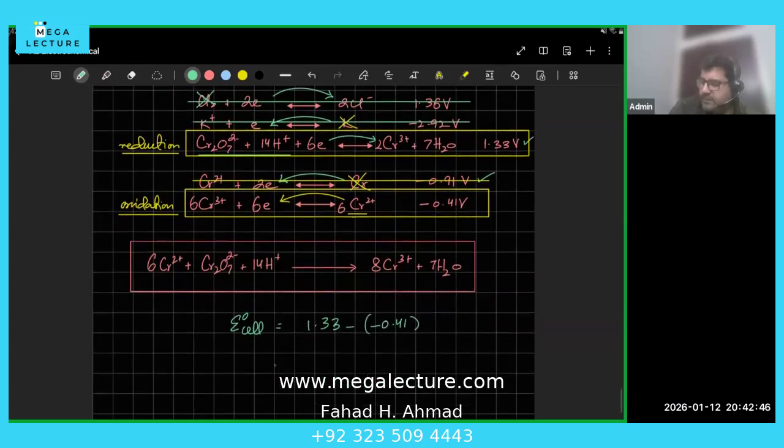So plus हो जाएगा, that's going to give you 1.74 volts, right? And the higher it is, the more feasible or faster the reaction, because that indicates that the higher one really wants to gain electrons, and the lower one really wants to lose electrons. So the electrons will travel a lot quicker.